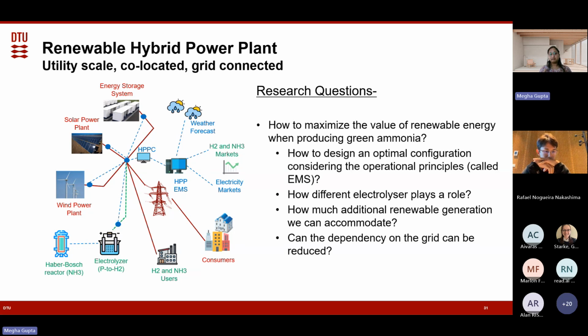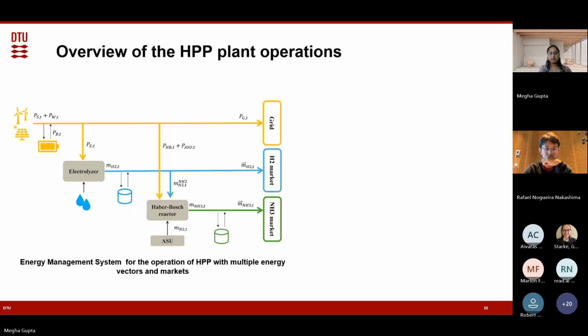And with the given setup, how much additional revenue we can accommodate, how much additional renewables we can accommodate behind a given point of grid connection, and with this can we reduce the dependency on the grid?